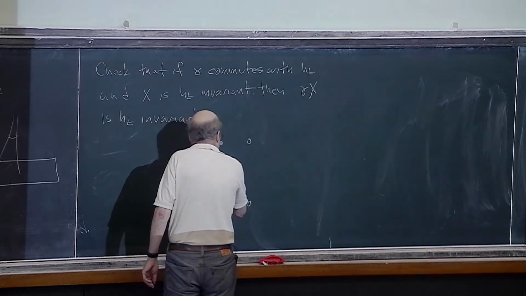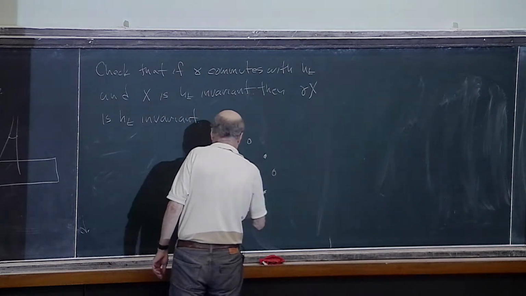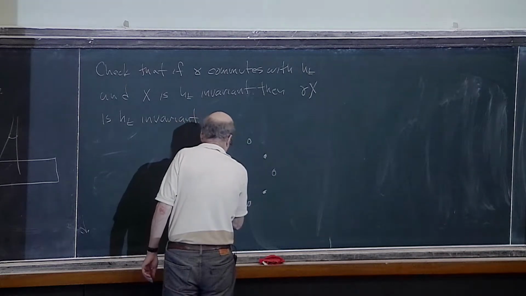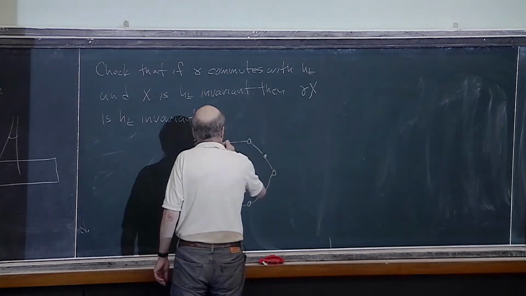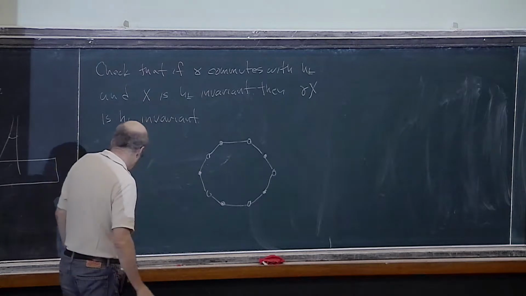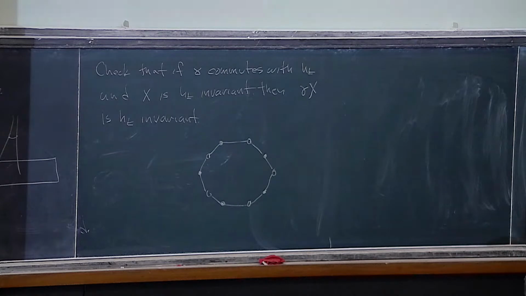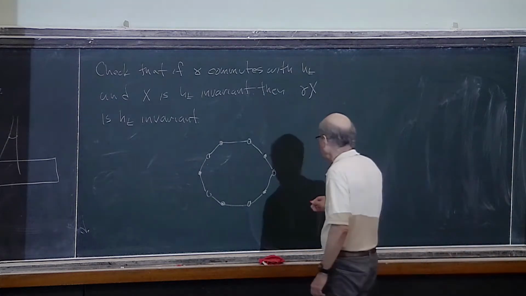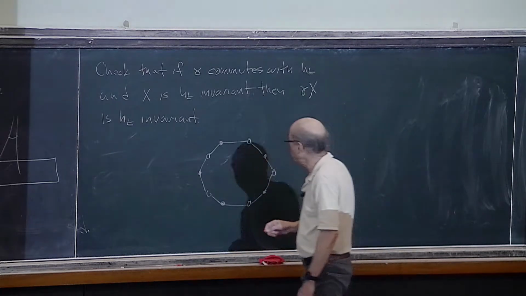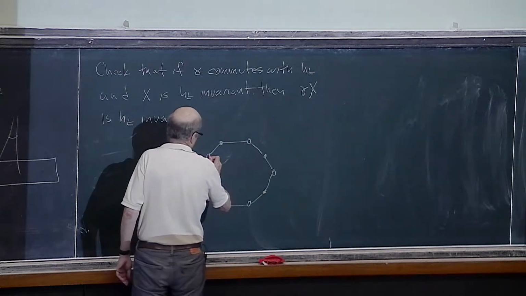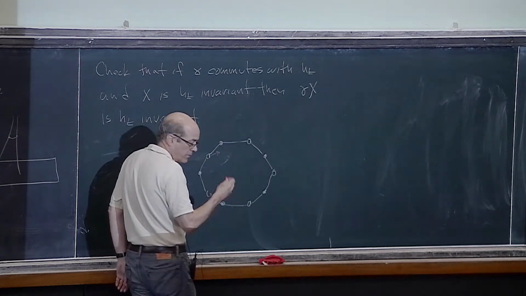So this is the regular decagon, covering the surface. It's in H11. It has vertices of two different types.